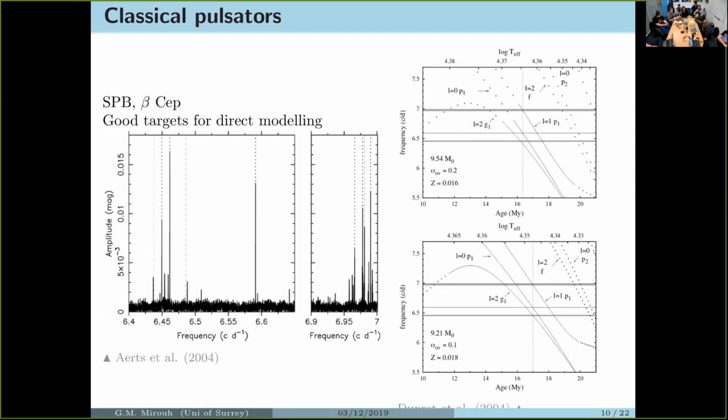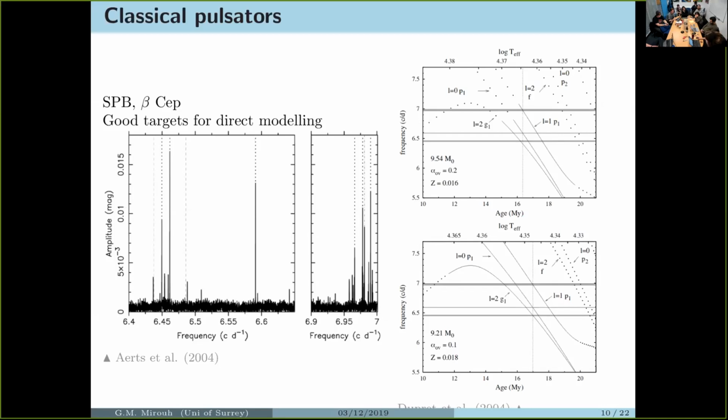They're aliases of the rotation rate of the star, while the black dotted points are the actual frequencies. This star has 6 modes: we see part of an l=2 quintuplet, part of an l=1 triplet, and one l=0 mode. The right part here is the stability study from Dupret et al.